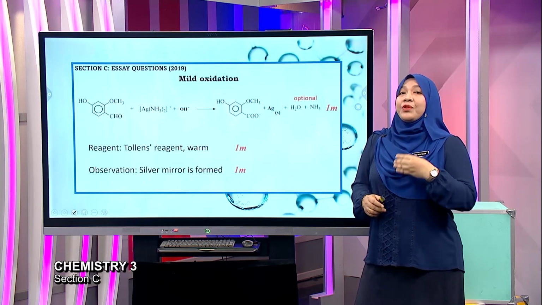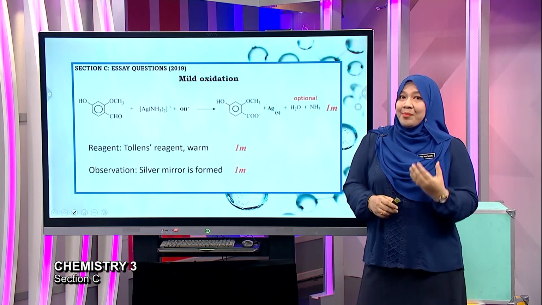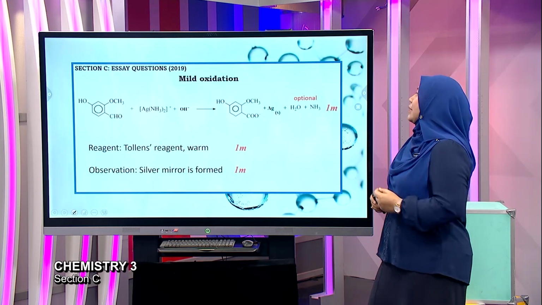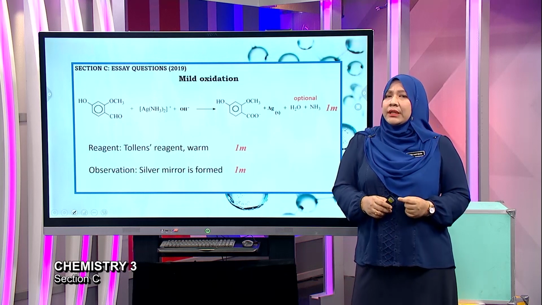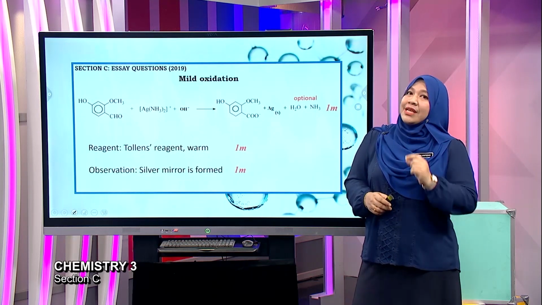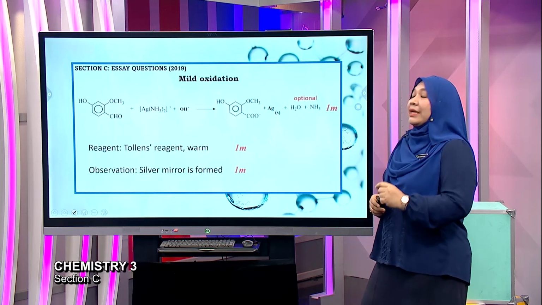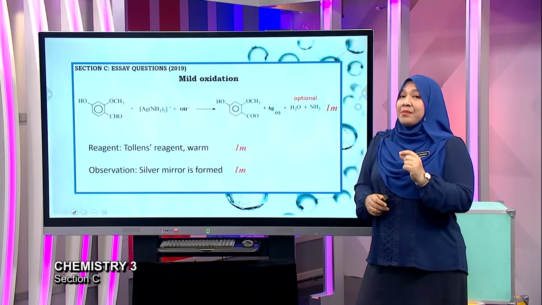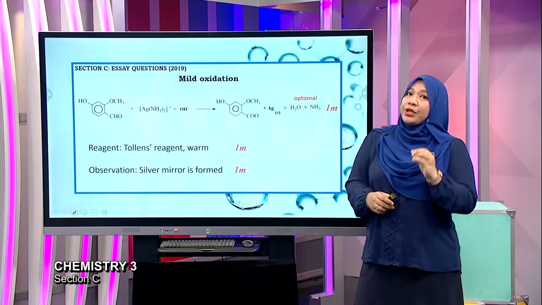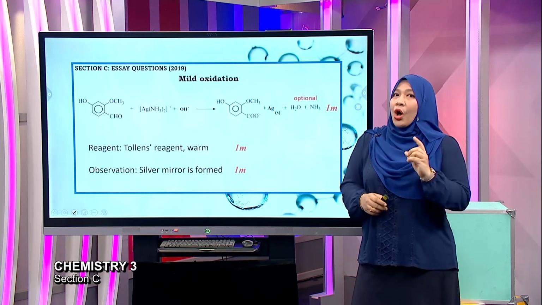Next, you proceed to write the chemical equation. Before you write it, we know that by using Tollens, we will have the observation of a silver mirror. So here, you produce a precipitate as your observation.